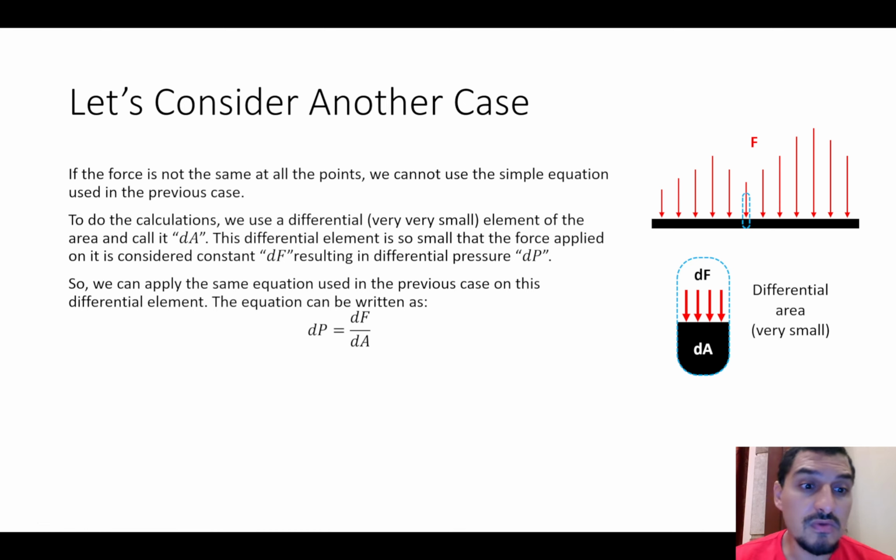Okay, so now we have an equation that describes our system in a good way, and it takes a very small part, so the equation is valid for this differential force or differential area. Till now, this is a very good point. So now we have answered one part of the question, which is: why do we use differential equations?